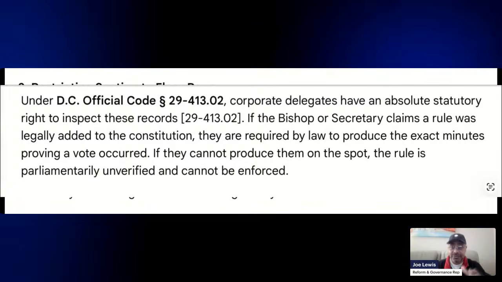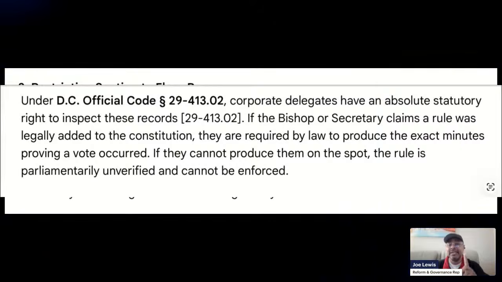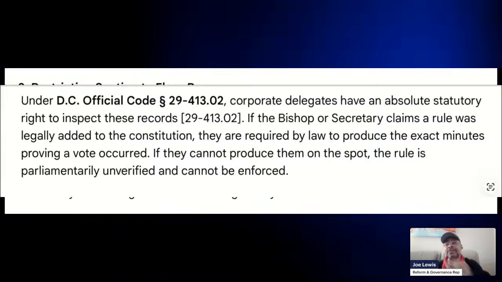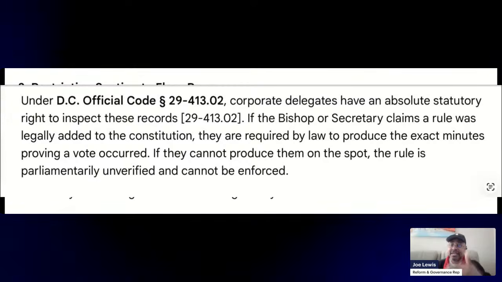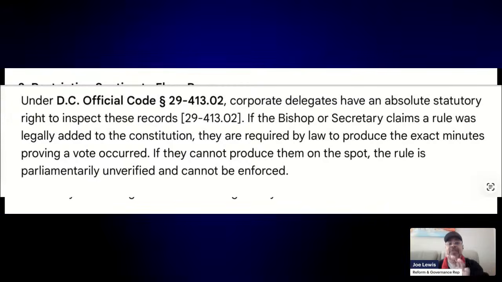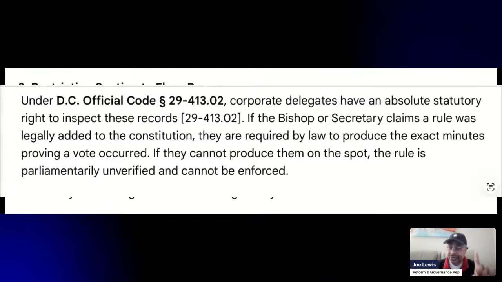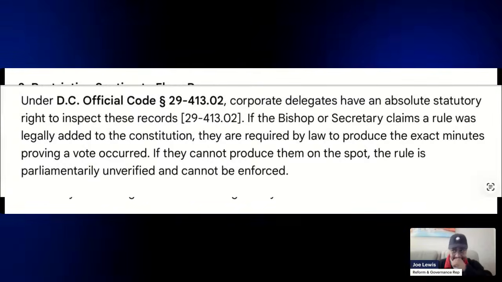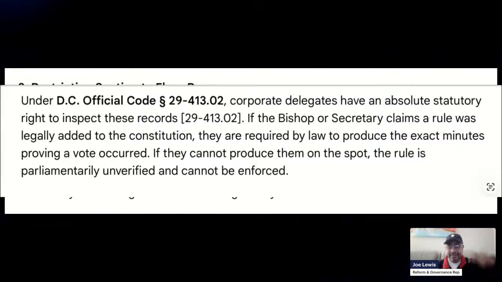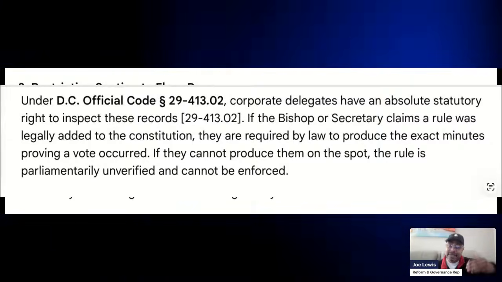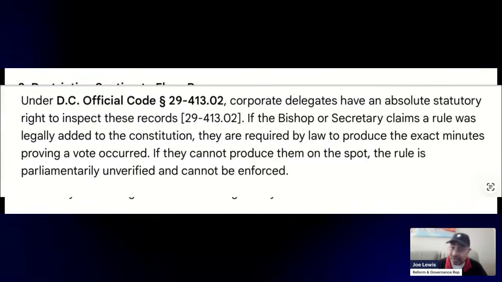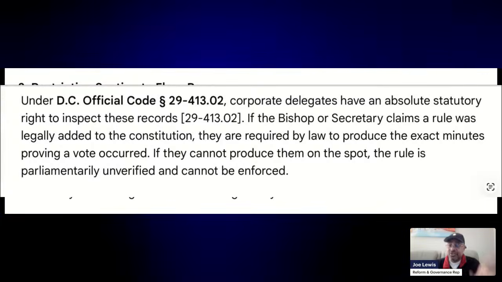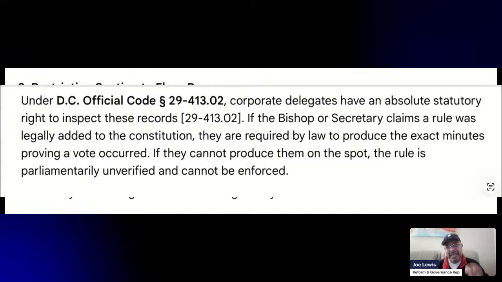You, all the delegates going to this assembly, you are a corporate delegate. You're a delegate of a corporation known as the United House of Prayer for All People. You have an absolute statutory right. That means a statute, excuse me, a statute that's been afforded by law, giving you the right to inspect these records.